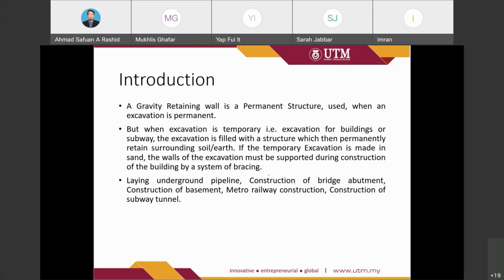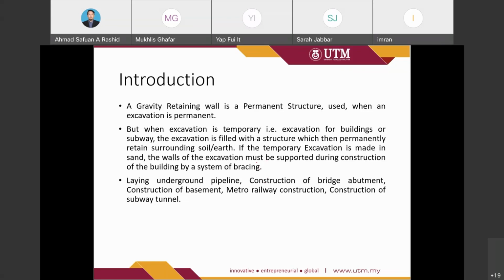So actually the bracing is a temporary structure. After they do the excavation, they will construct a permanent structure, and then they will remove this bracing system.